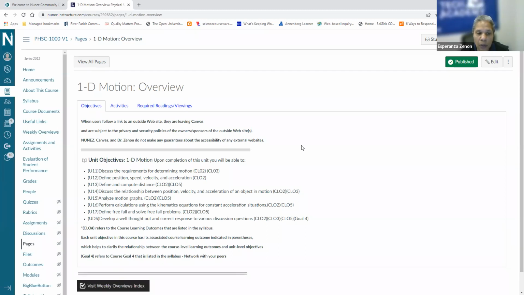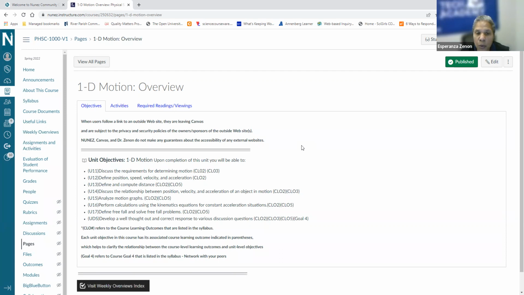And that is, number one, what are the requirements for motion? How do we know that an object is in motion? There must be some things present that help us understand that. We'll see what those things are. Once we've established that the object is in motion, we'll describe it using certain properties like position, speed, velocity, and acceleration.